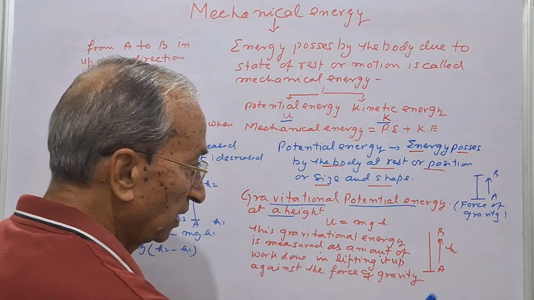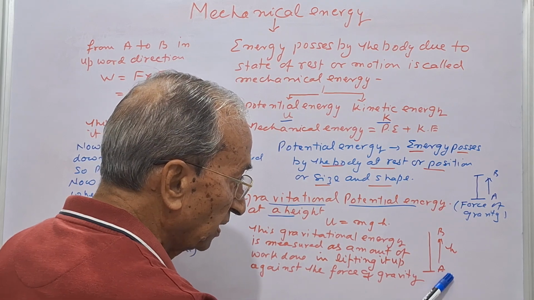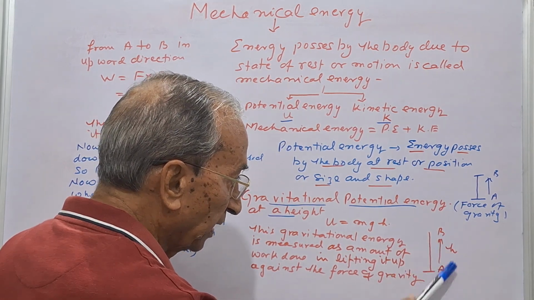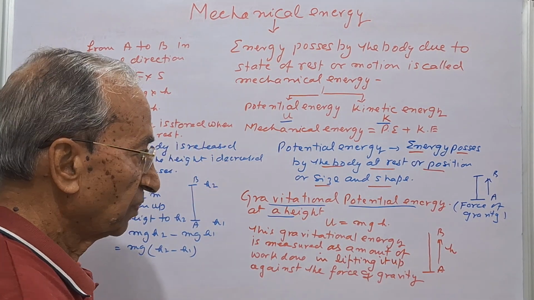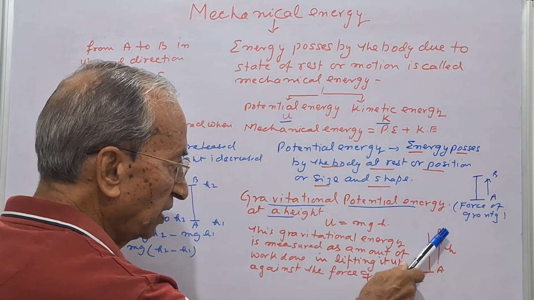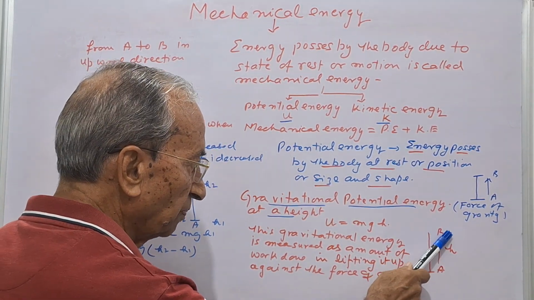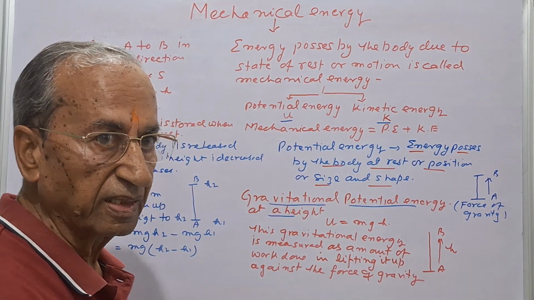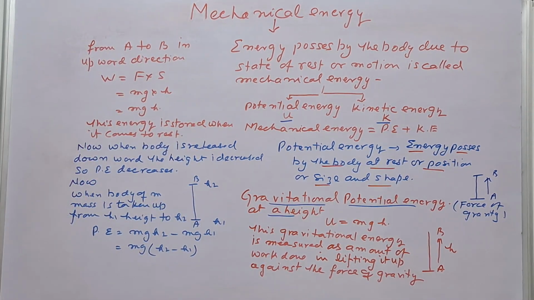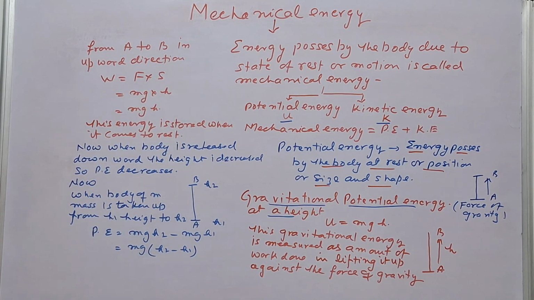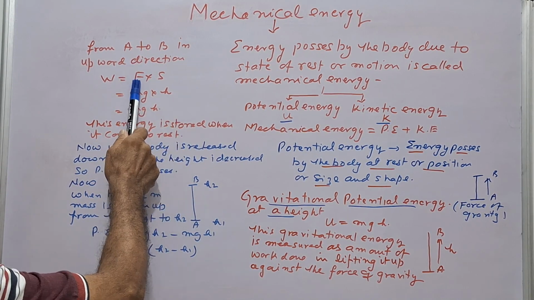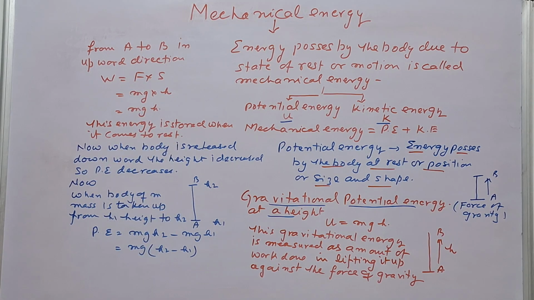It means the work done against the force of gravity in lifting to a certain height is stored in the form of energy when B reaches rest at a certain height. Now, from A to B in the upward direction, we know work done is equal to force into distance.